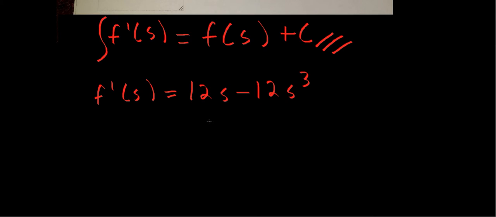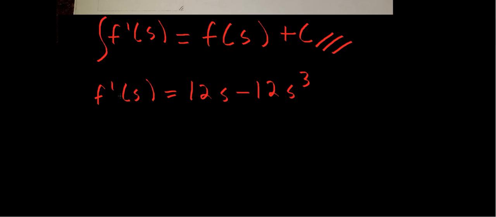We have f prime of s equals 12s minus 12s cubed. Now we take the integral of both sides, and really you don't even need it.